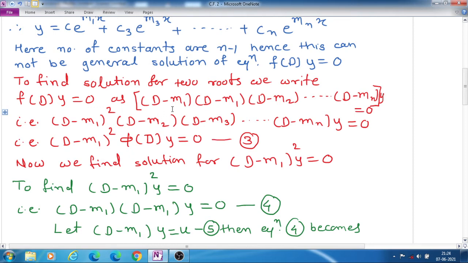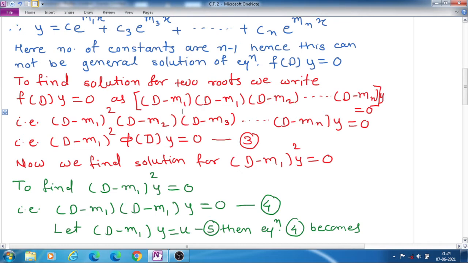If we factorize any algebraic polynomial of degree 3, like x cube plus 5x square and so on, then we get 3 factors. So the degree of the polynomial is the number of factors we get.